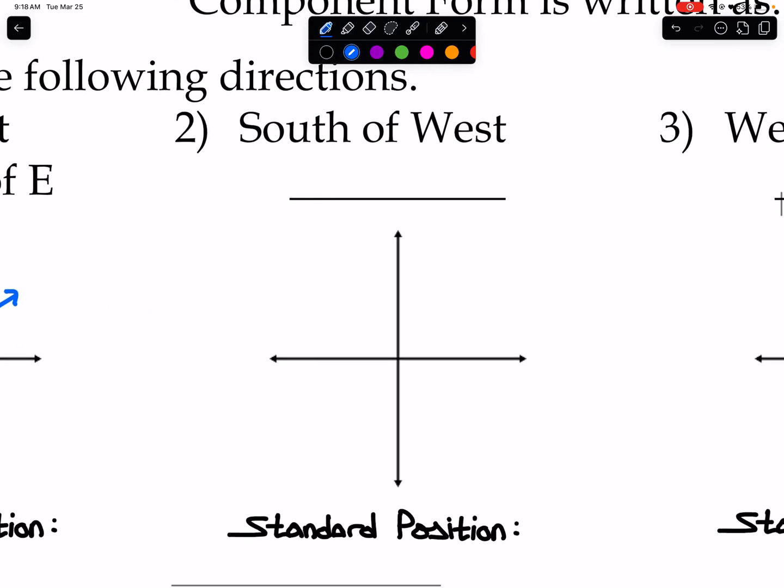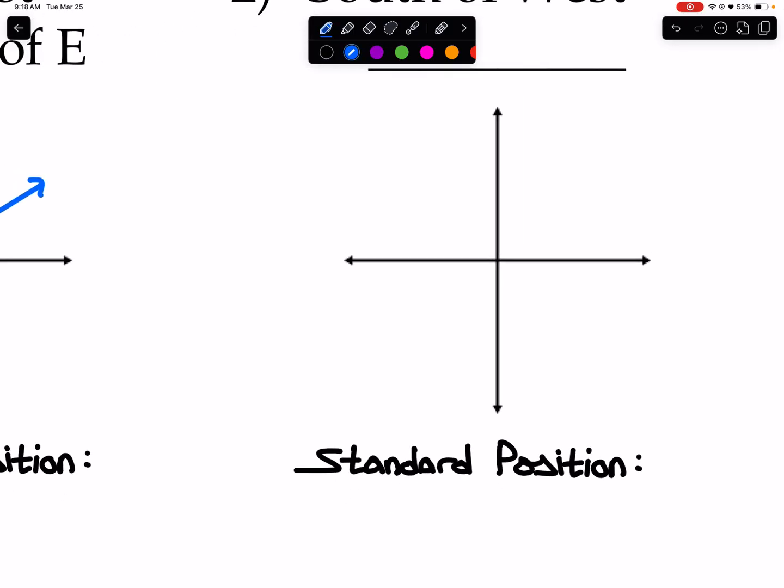And if I have an angle that's going south of west, that tells me I'm going to go west, and then go a little bit below to represent south. So that would be this angle right here, since we're in relation to the x-axis. To measure this angle in standard position, remember, we need to start over on the positive x-axis and go all the way counterclockwise.